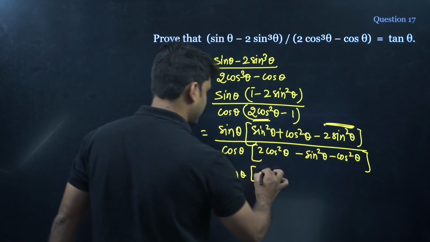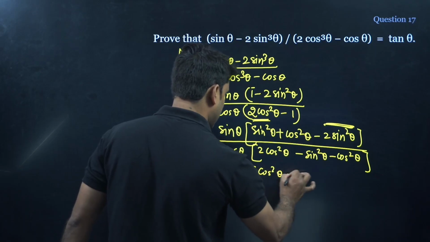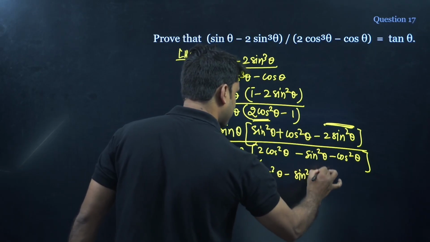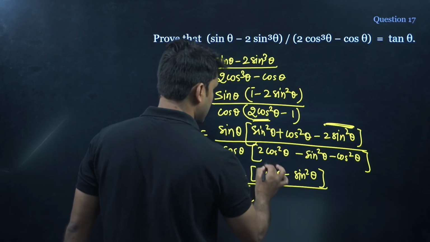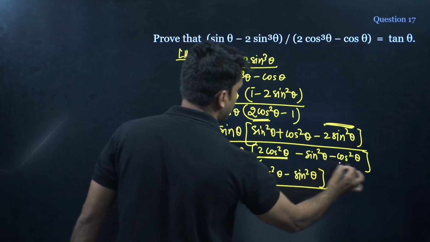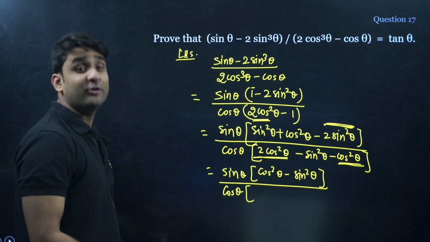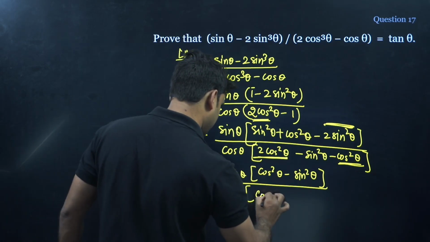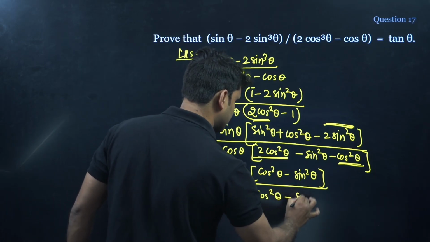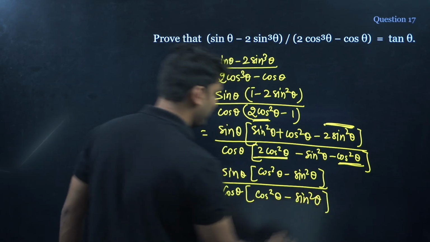So we can write cos square theta minus sin square theta. Similarly, 2 cos square theta minus cos square theta will be cos square theta, and the 2 cos square theta is positive, so cos square theta remains positive, minus sin square theta. Clear everyone? Any problem to anyone?